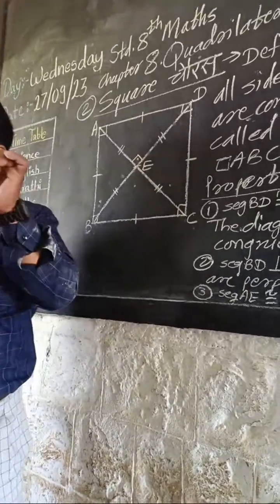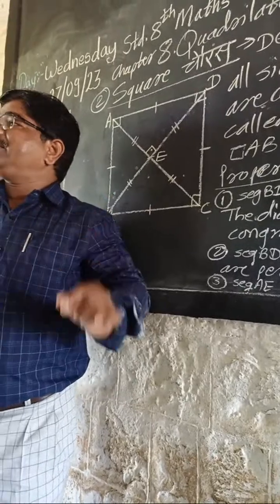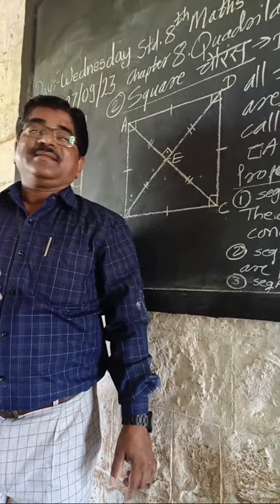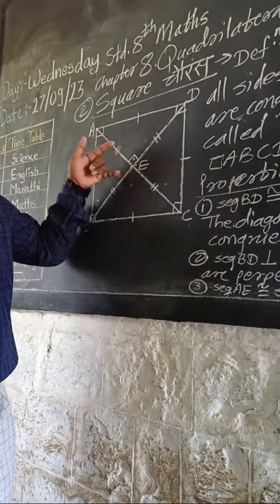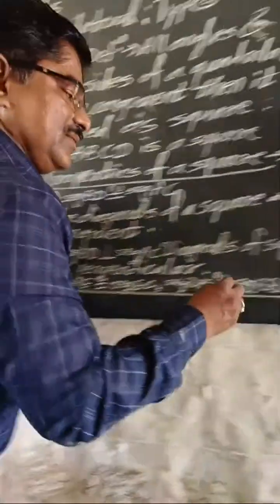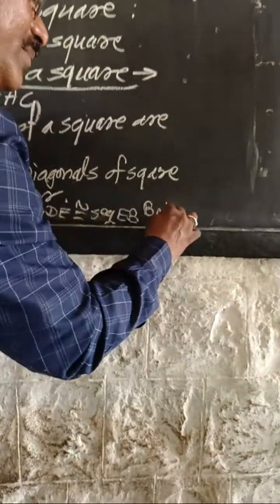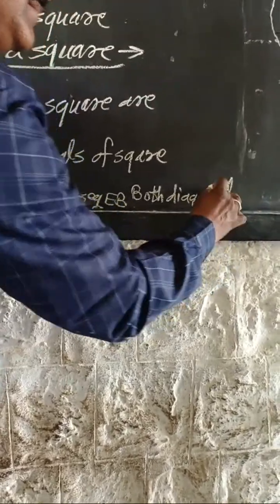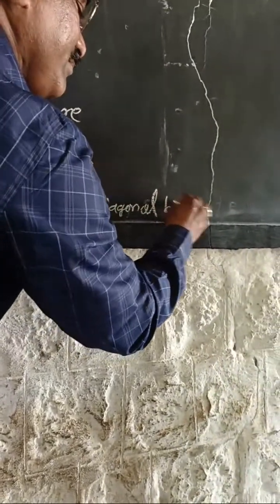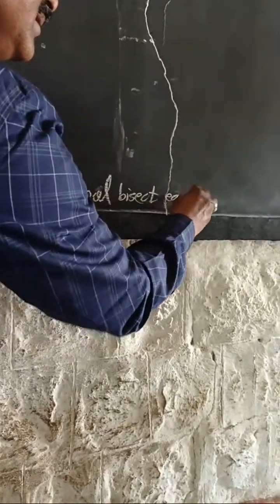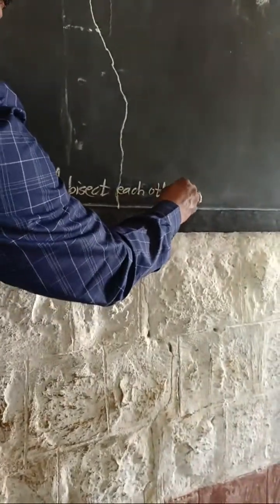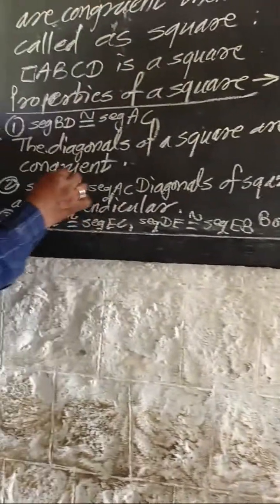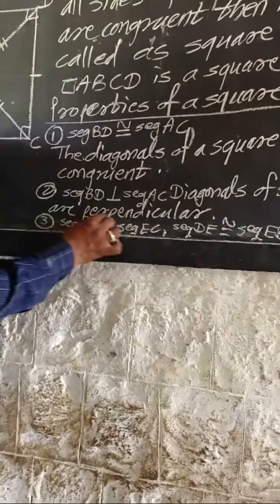Another word for making equal parts is bisect, good answer. Both diagonals bisect each other, and are perpendicular.